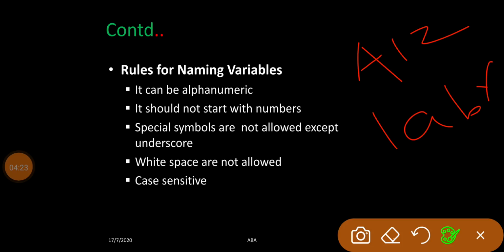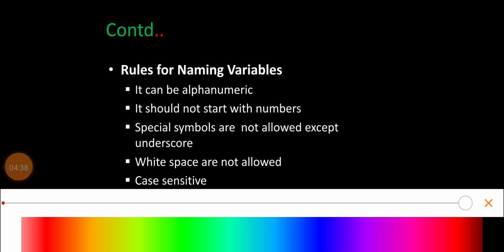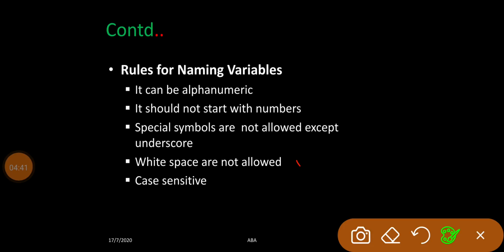Special symbols are not allowed except underscore, that is, I cannot write $A, or $A with a greater than symbol. These are not allowed. Underscore is allowed. White space is not allowed. It is case sensitive, that is, small a is different from capital A.